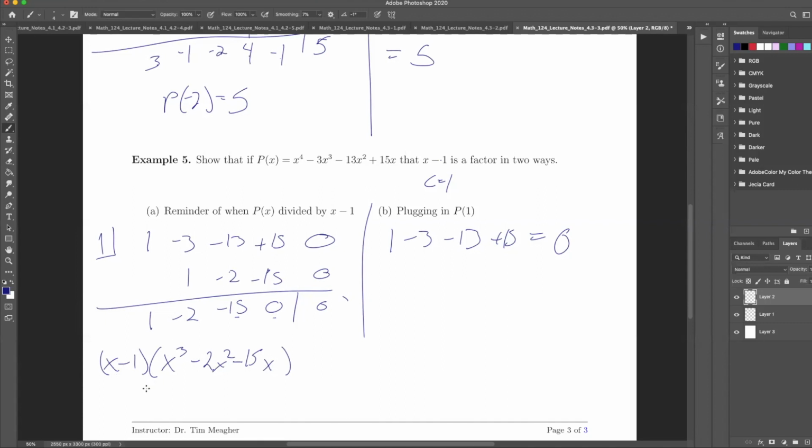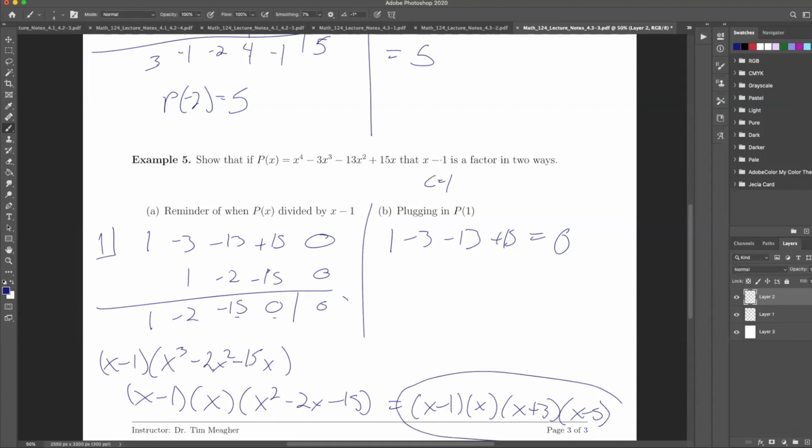But here I can actually, if I wanted to, and this is the whole point, factor out the x at this point. And then I get x squared minus 2x minus 15. And then if I wanted to finish factoring it, I get x minus 1, x, x plus 3, x minus 5. Yes.